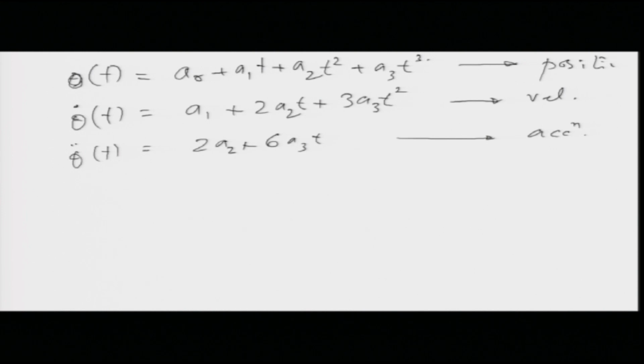We said trajectory is a time history of position, velocity and accelerations. So, I can get my position, velocity and accelerations. Let us write down the equations again.